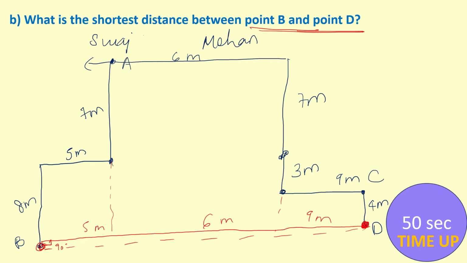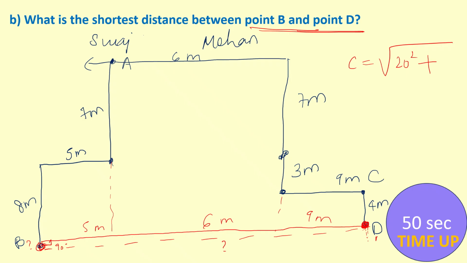So you'll get how much? You'll get 20. Okay, so hypotenuse you need to find out, correct? So 5 plus 6 plus 9 will be 20 square. Okay, and then what is this side? This side they had told is 1 meter.